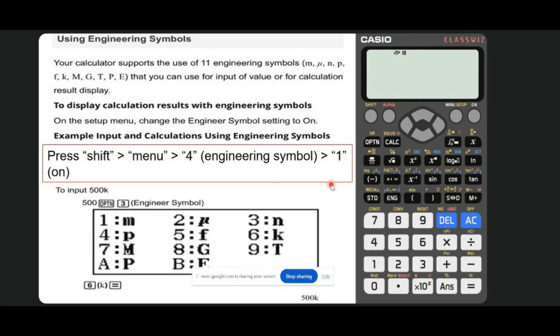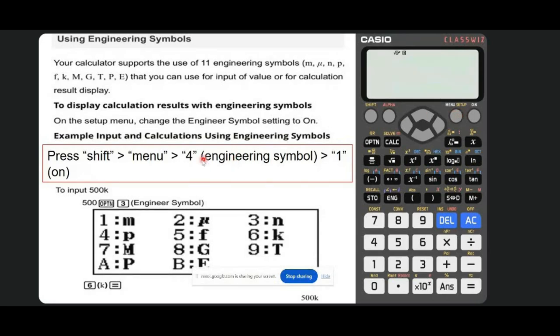If you want to use engineering symbol or unit like this, the micro, milli, giga, mega, nano, kilo, all of these symbols, you need to press shift, menu. Then you will see 1, 2, 3, 4 choices.